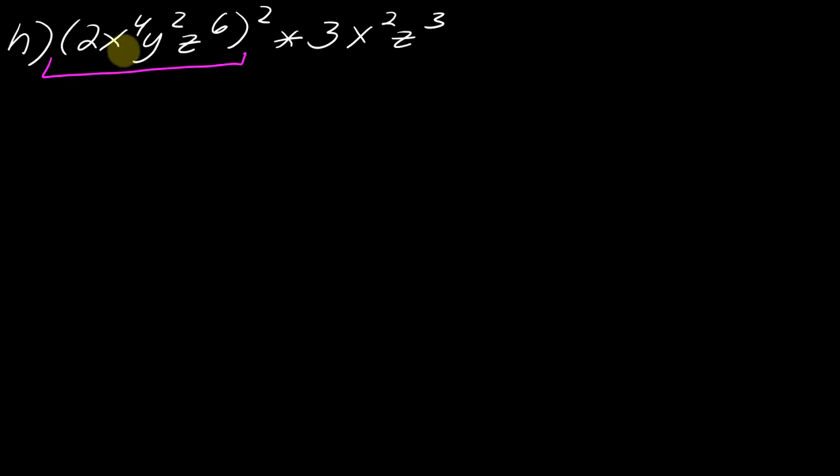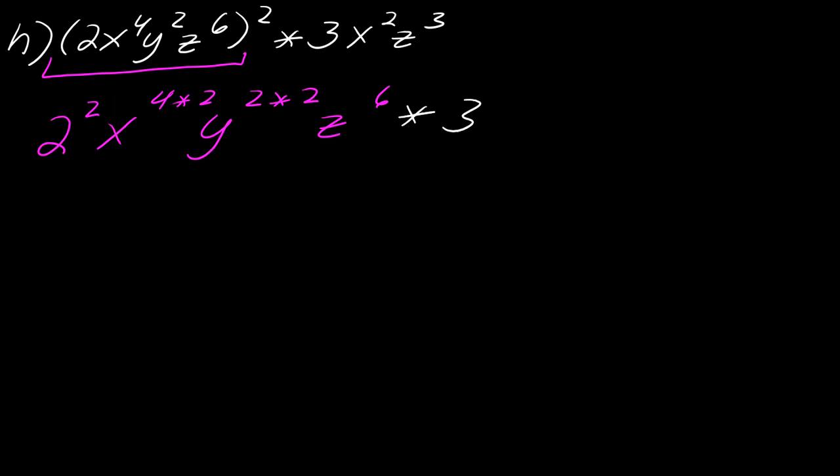In evaluating just this part, I'll do it in pink, this will be 2 squared, and then you're just going to multiply the rest of these exponents by 2. And then we've still got the rest of this problem. You have to first evaluate this part before you can worry about this part.